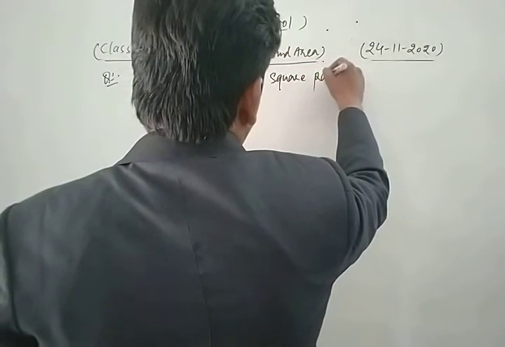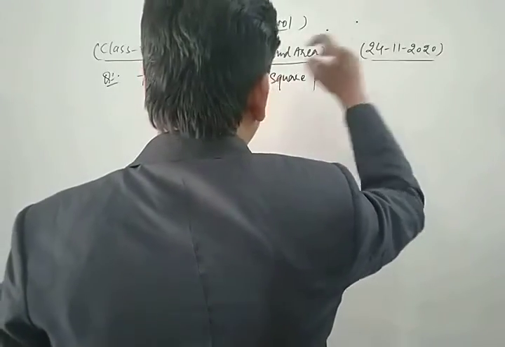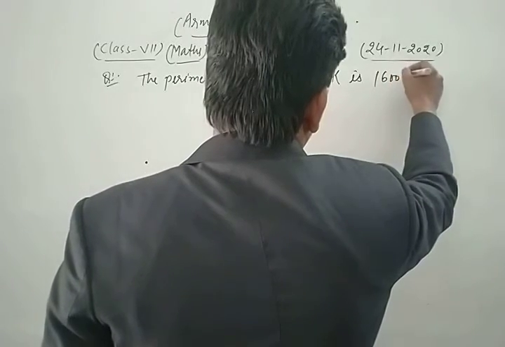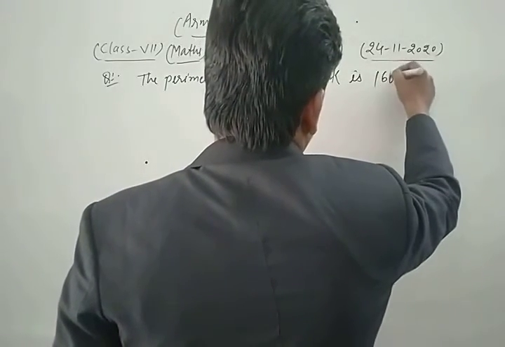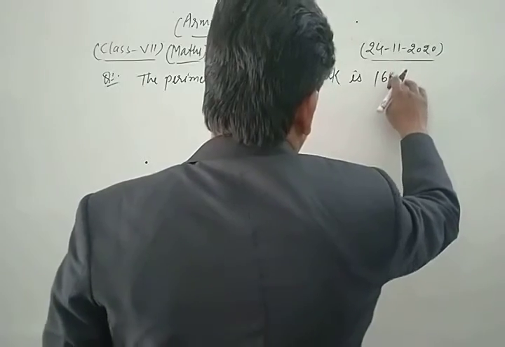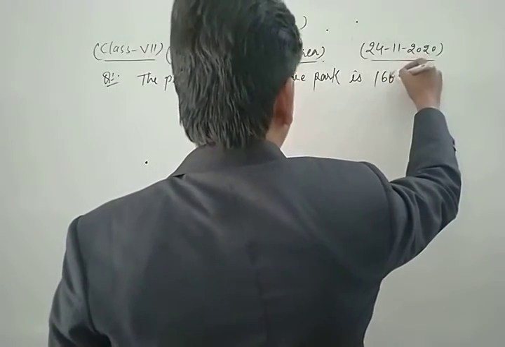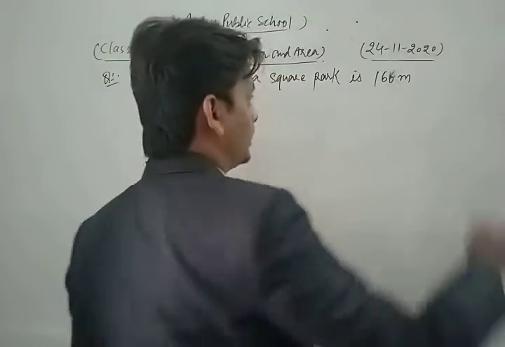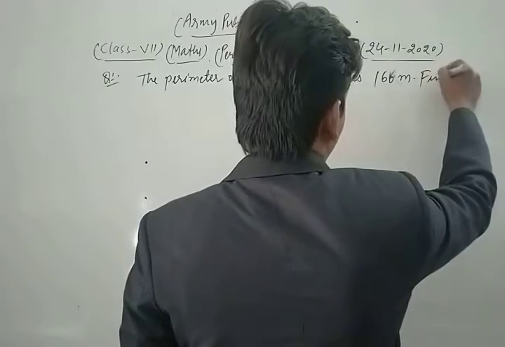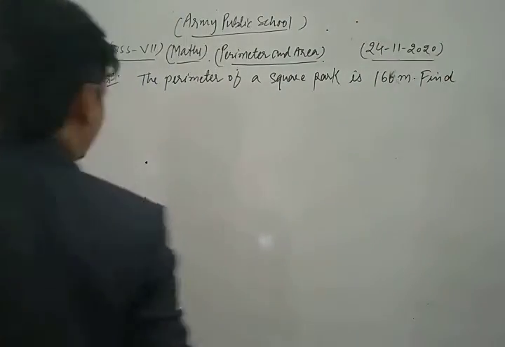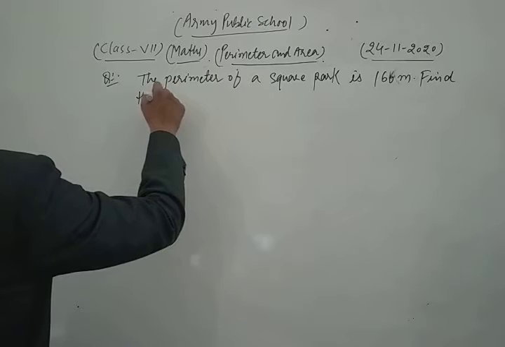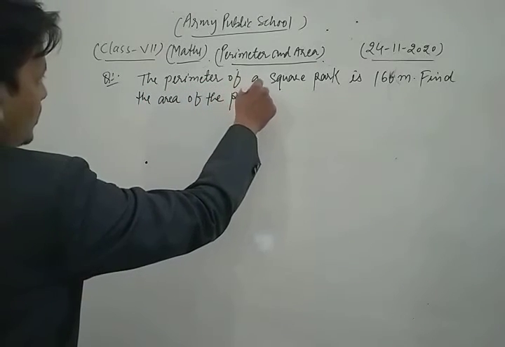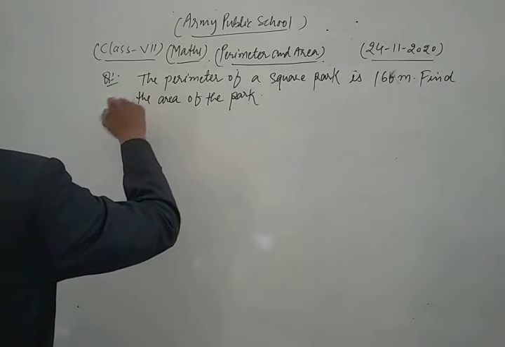The perimeter of a square park is 160 meter. Okay, find the area of the park. Okay, let's see its solution.